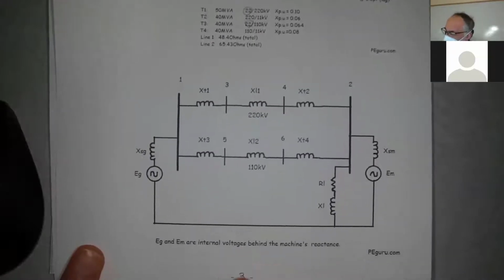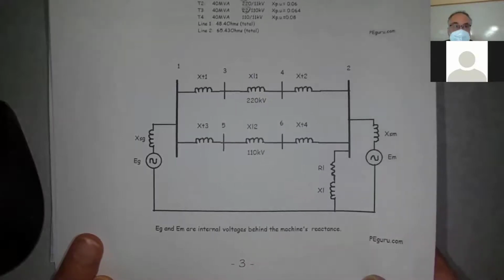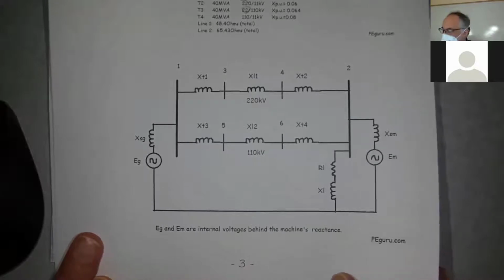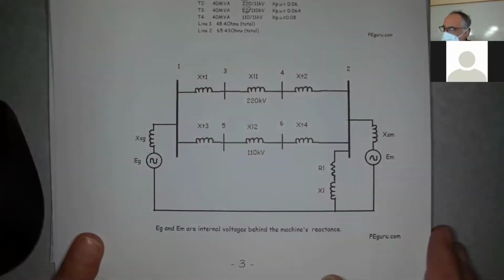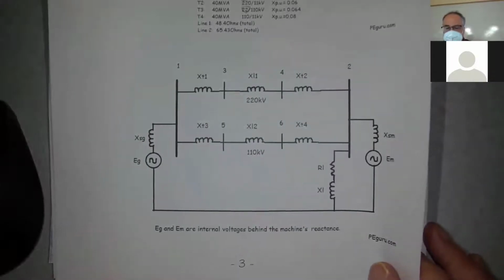So let's calculate what all these are going to be. Is everyone on the same page as me? Hopefully. Okay, we'll start over on the generator side. That's the simpler side. The first thing we have to do is pick a base.